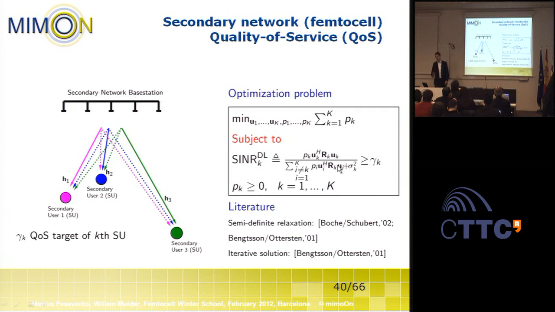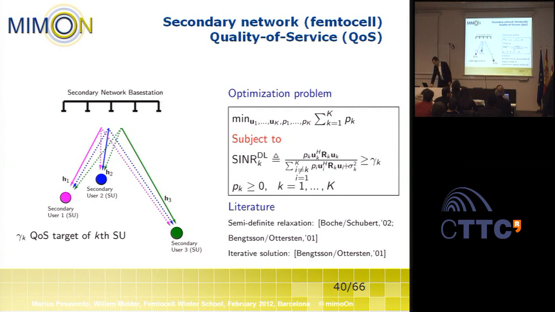So each constraint that we have here for each of the users in the uplink only depends on a particular beamformer and not on all beamformers. So that is a much simpler design, and an efficient solution can be obtained for this problem. However, in the context of femtocells, our problem is even more complicated.